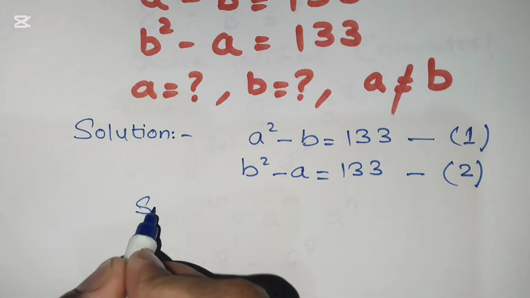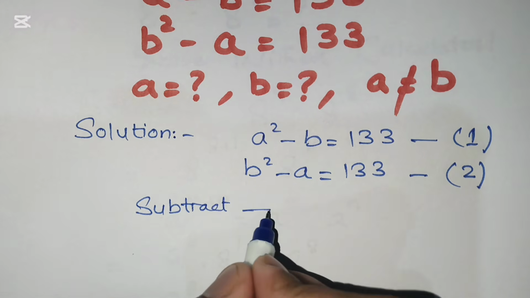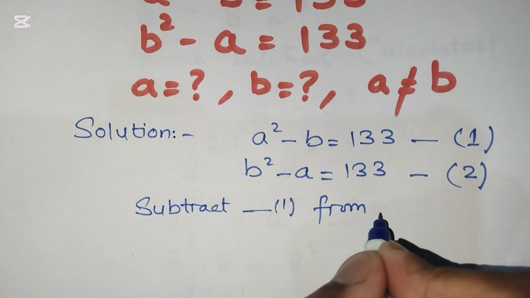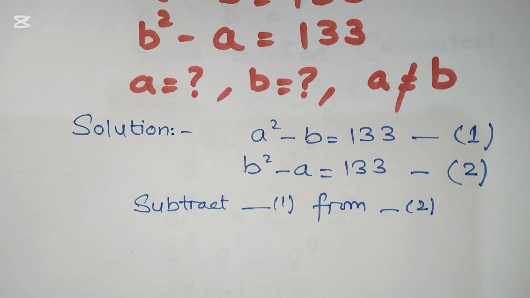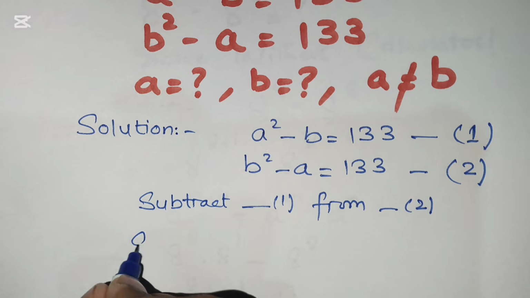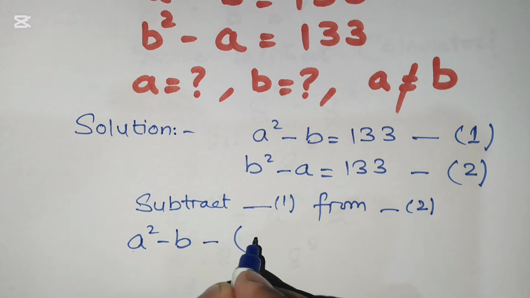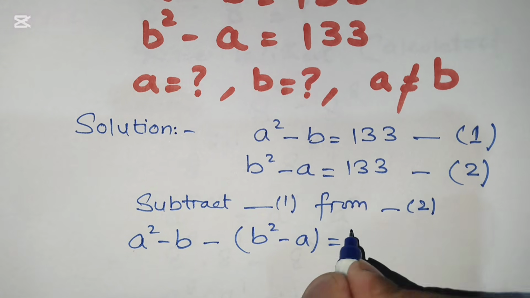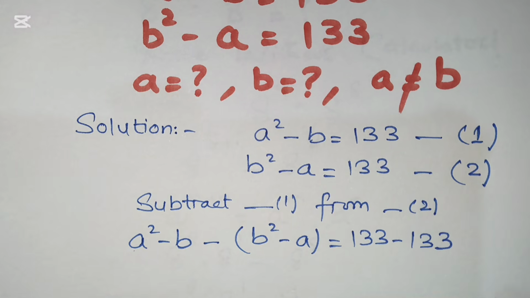Now we will subtract equation 1 from equation 2. So it will be b² − a minus (a² − b), 133 minus 133.